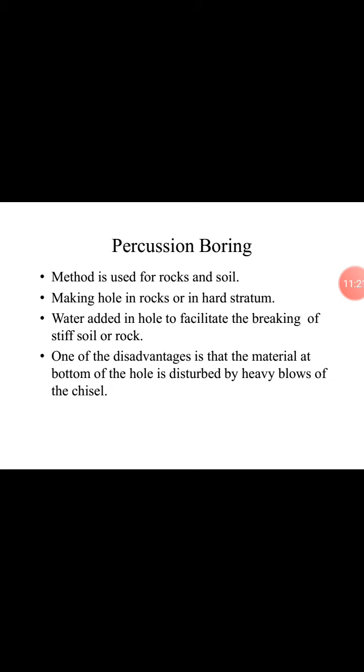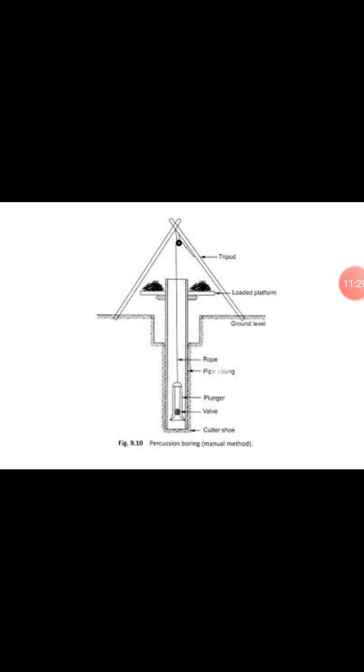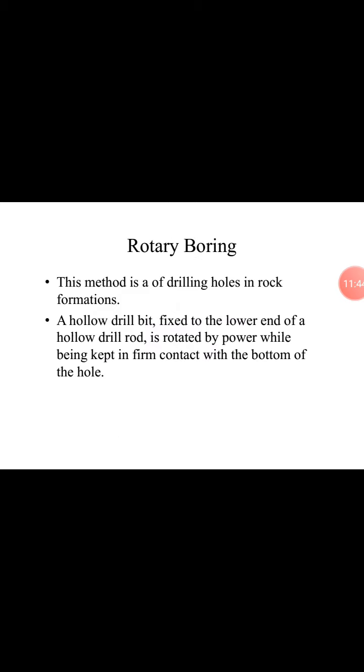One of the disadvantages of this method is that the bottom of the hole is disturbed by the very heavy blows of the chisel. See this figure: at the bottom of the plunger, by hammering, we cut the soil or rock, and this is a manual method.